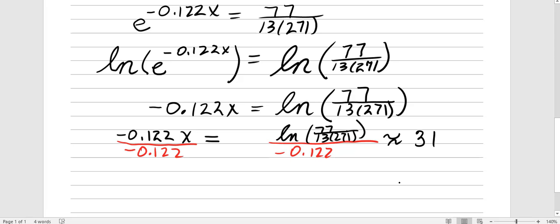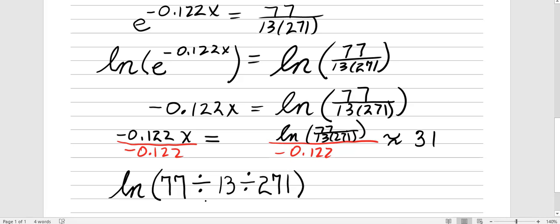All right, now I want to just mention, when you enter this into your calculator, whatever kind of calculator you're using, in order to get the right response, it's very important that you use a parenthesis and you understand that 77 is not only being divided by 13, but it's also being divided by 271.